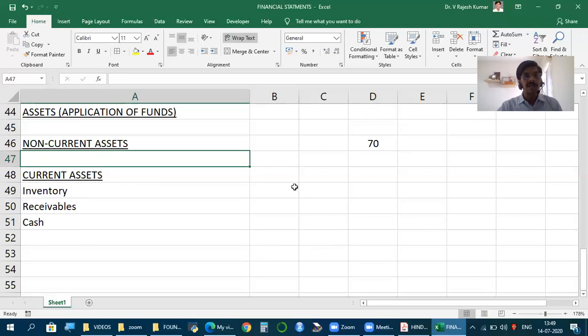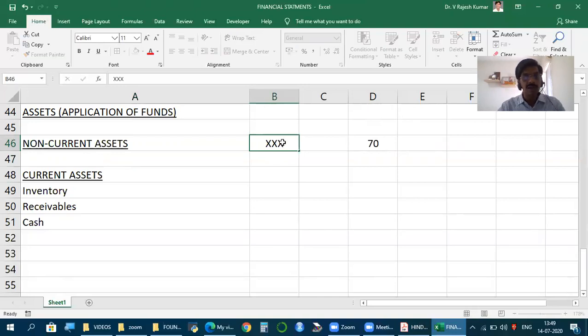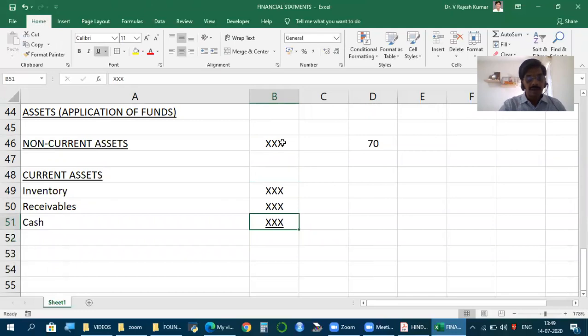So under assets, these are the two headings which you find: non-current assets and current assets. And obviously, the amount mobilized and amount utilized should balance with each other, should match with each other. That's the reason it's called a balance sheet. It shows from what sources we have got the funds, how it has been applied, and the balance between the two.